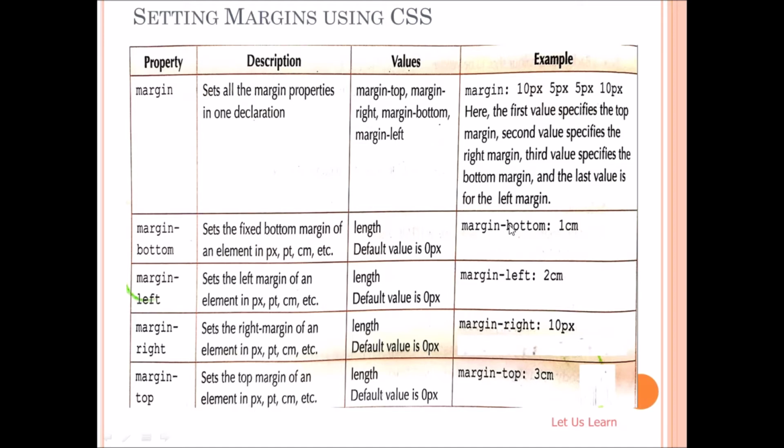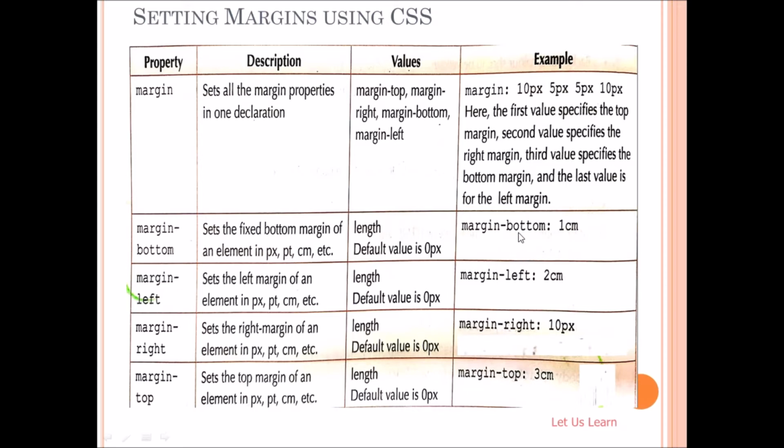If you see the syntax, margin-bottom colon 1 centimeter, that means from the bottom corner of your page till the text there will be a 1 centimeter gap. And left, right also you can specify separately. You can use centimeter, pixel or point, any of the three values.